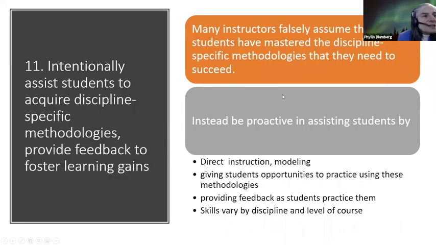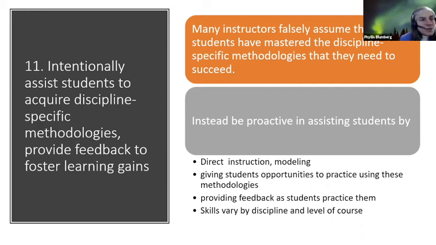Number 11 is intentionally assisting students to acquire discipline-specific methodologies, provide feedback to foster their learning goals. Examples of discipline-specific methodologies include how to read an article that's written by a scholar in the discipline, how to read a primary source that's written in the discipline, and for beginning students, it might be how to read the textbook.